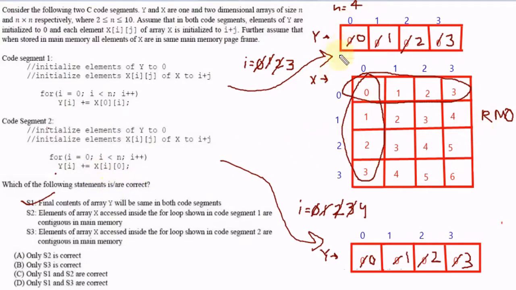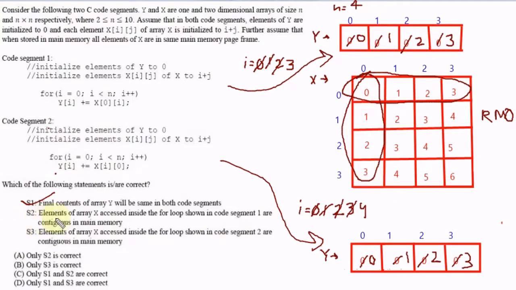So what will happen in code segment 1? In code segment 1, the values that are accessed will be stored continuously in the main memory. But in code segment 2, these values will not be in continuous memory, because after this row will come another row, and after that another row. So these values are not stored continuously, but these rows are stored continuously.